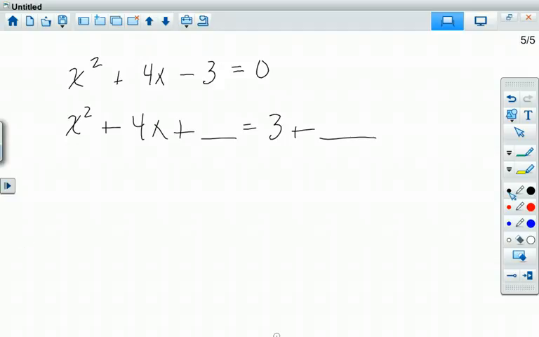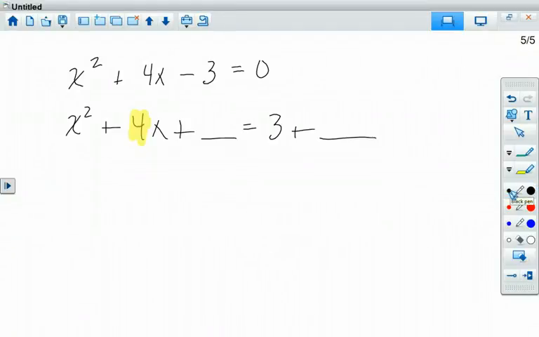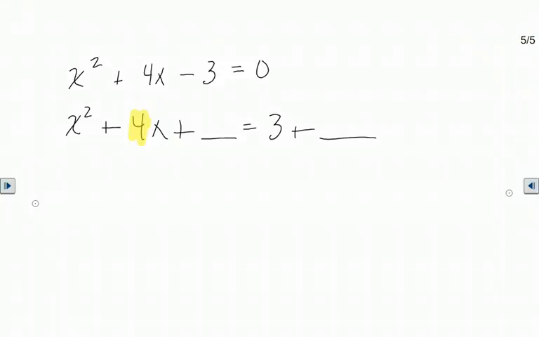All right, number 4, the fourth step, the most important. Take your handy dandy highlighter and highlight that number right there. What is that number? 4. But what is it? It's b, Hubert. Thank you, class. That's right. ax squared plus bx plus c. That's b. What do you do with b? Divide it by 2 and square it.